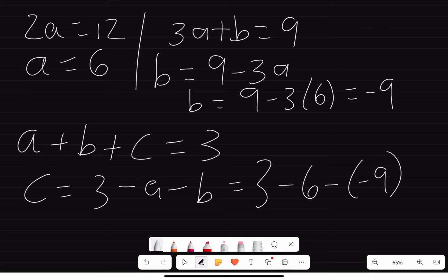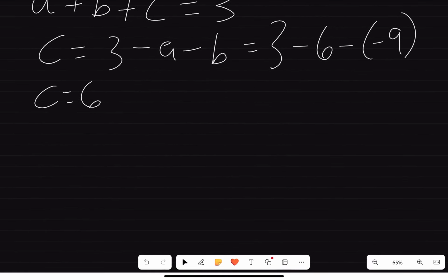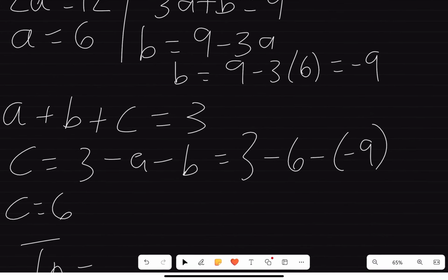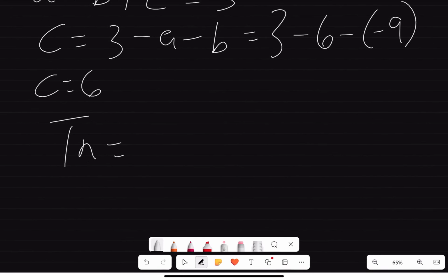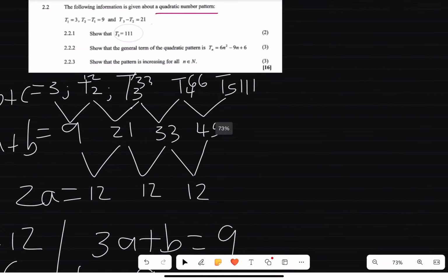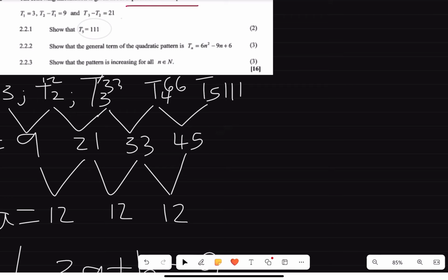That is 6. So the value of c equals 6. Therefore, we have Tn equals 6n squared minus 9n plus 6. Let's see if we proved it properly. Yay, we did.